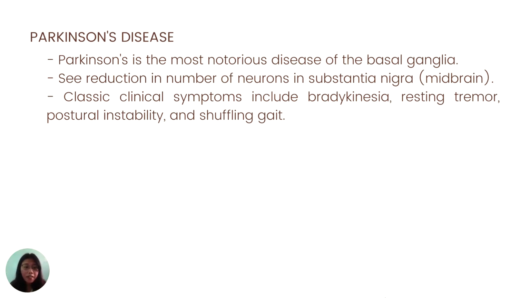Another symptom na makikita is bradykinesia. Ibig sabihin ng bradykinesia, bumabagal yung galaw ng tao. Resting tremor, kagaya ng sabi ko kanina, postural instability, and shuffling gait. So, isa sa example niyan ay yung makikita natin sa susunod na video, pill rolling tremor.